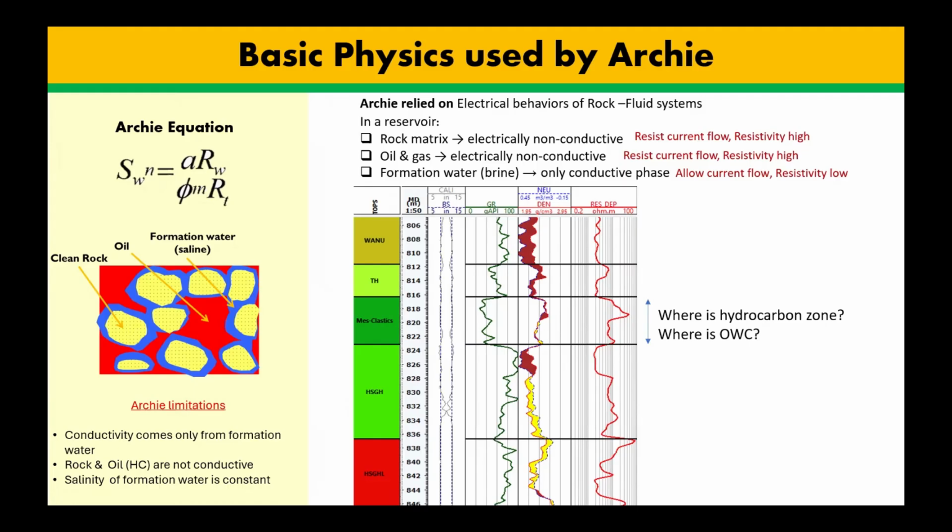If we introduce another conductive material to this system, the relationship will break. So that's why in shaly sands, the clay minerals conduct electricity, and Archie no longer works, and that's why we use Waxman-Smits equation, which is a similar version of the Archie, adding the correction for the conductivity from the clay.